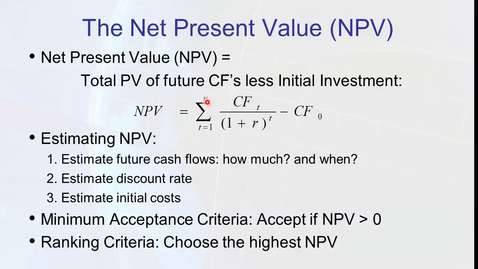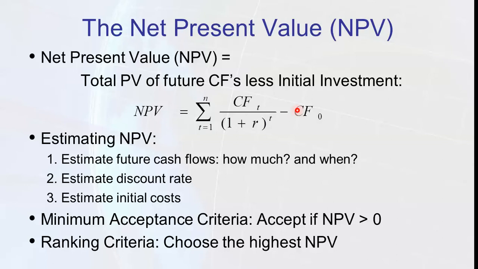Look at this formula: NPV equals the sum of the present value of all future cash flows, minus cost.